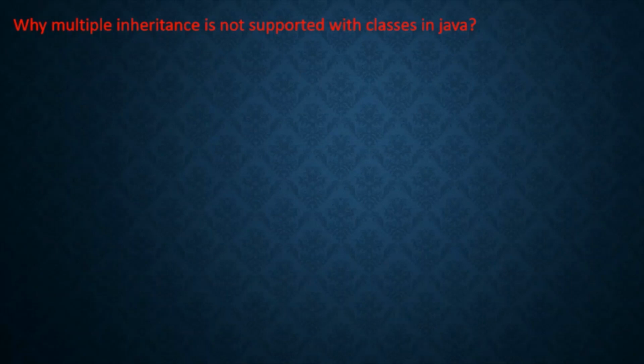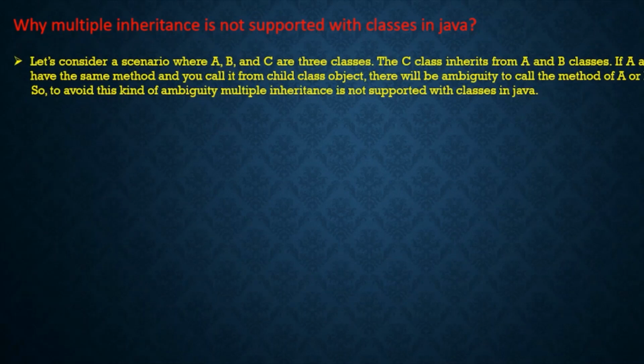Let us consider one scenario. For example, we have a class called A and a class called B, both having a method called display. A has one display method, B has one display method, the same method. And C class is the subclass which extends from A class as well as B class.